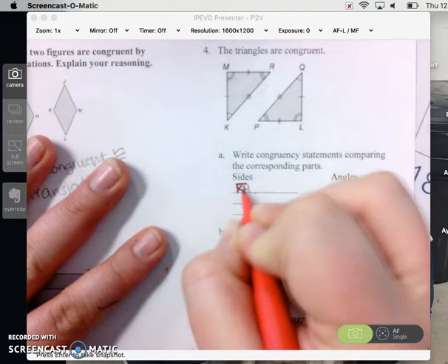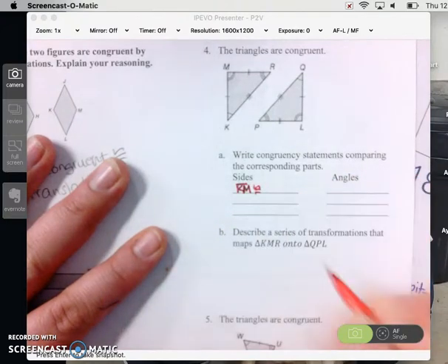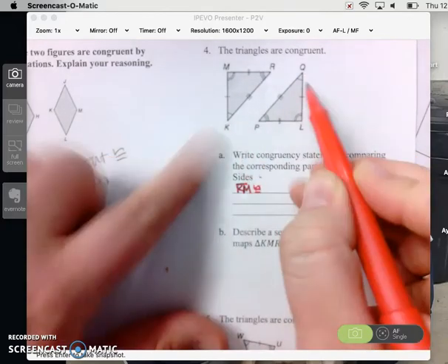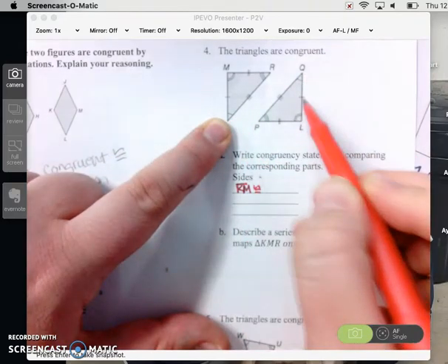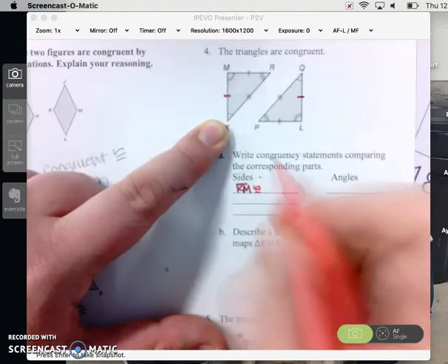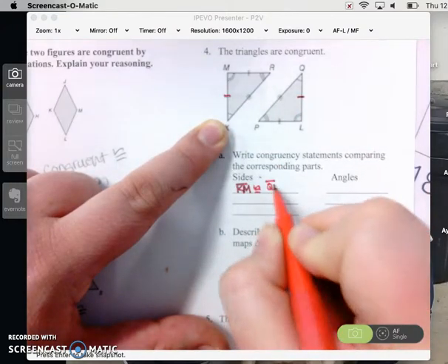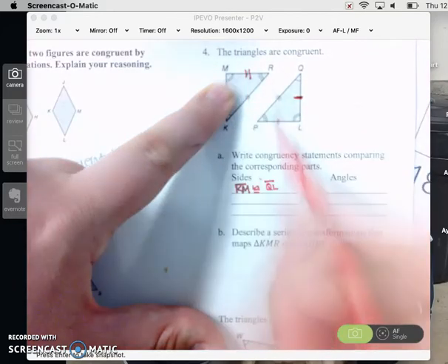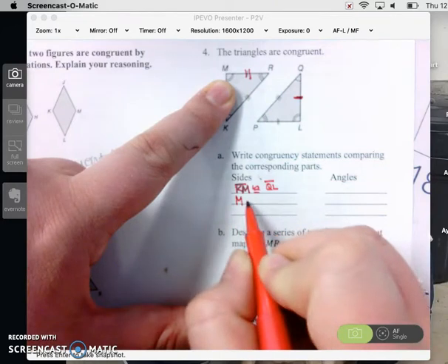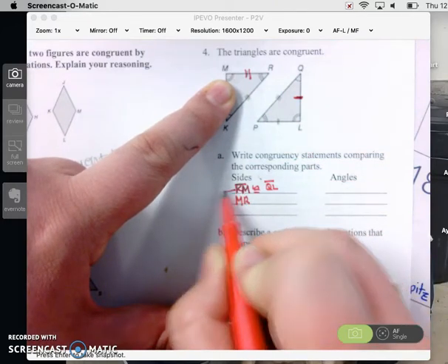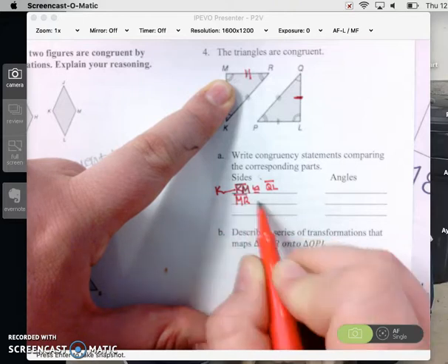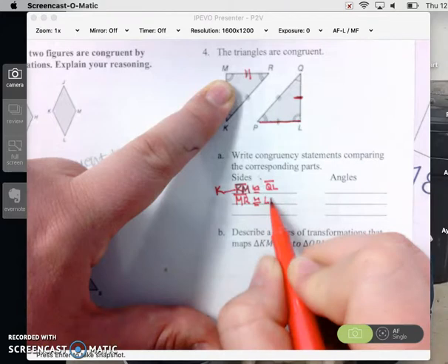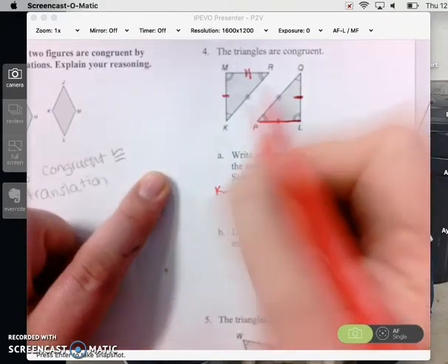Side length KM is congruent to QL, which also has one tick mark. Then I can go to the 2 tick mark one. So MR is congruent to the other one that has 2, so LP.